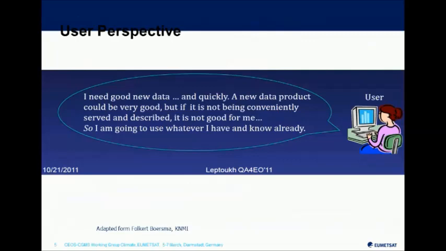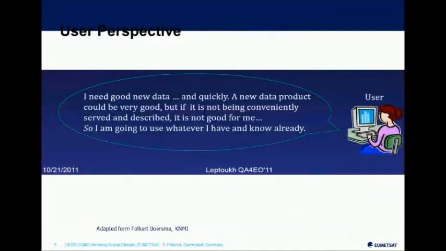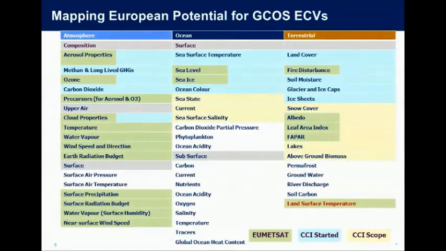A user will conclude like that. So the user will go with whatever they already have and they already know about. So then, how do we ensure that all these best practices are followed in dataset generation of the essential climate variables?